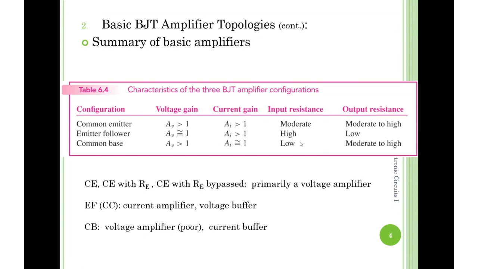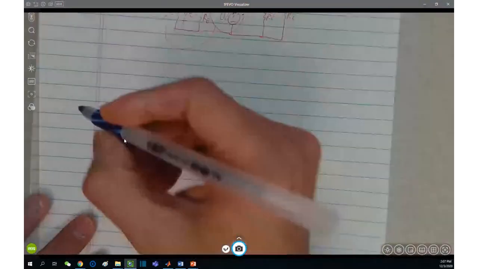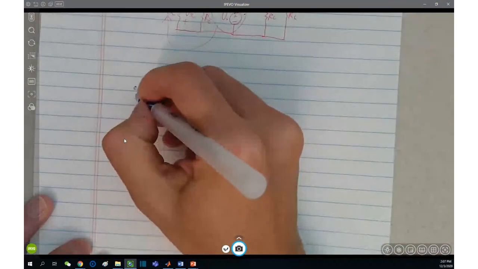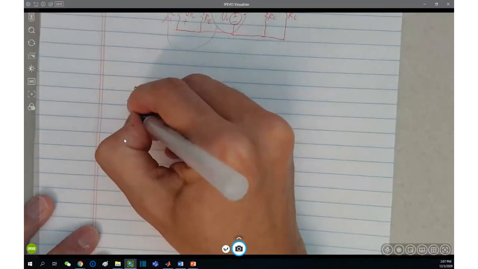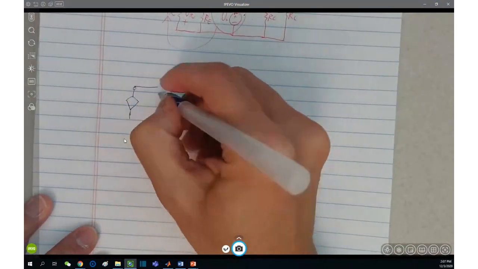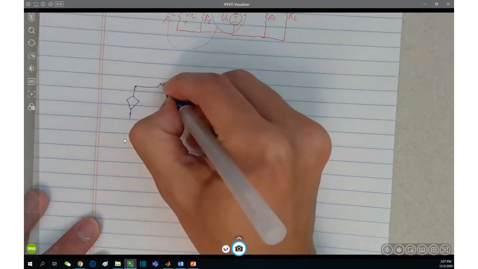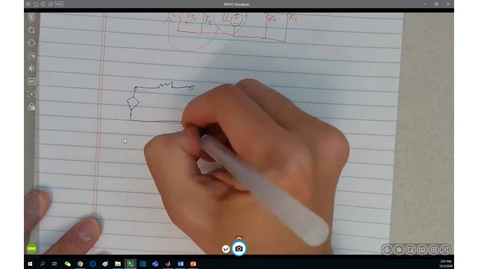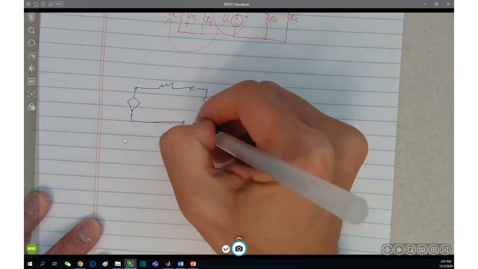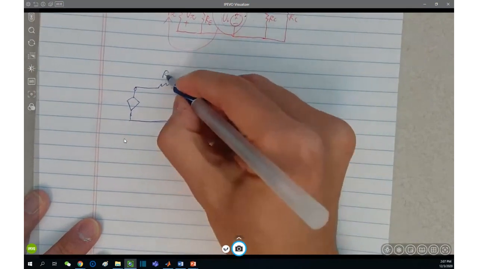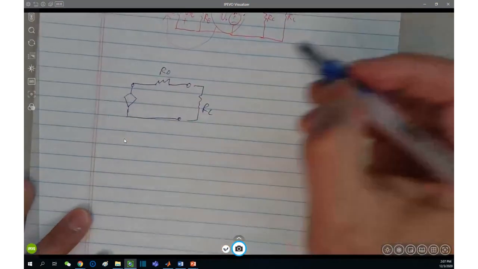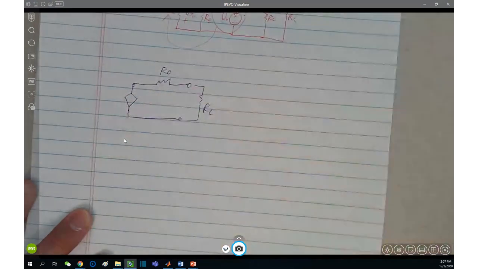Once again, the idea is you have an amplifier and you generate a certain voltage, and then you're trying to feed the next stage, which is obviously the load, right? This is the output resistance concept.